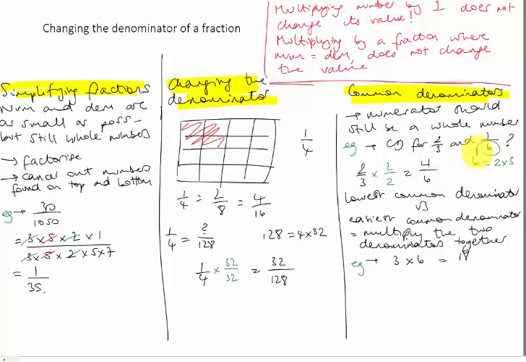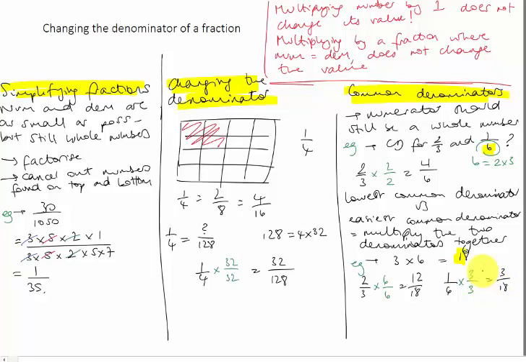So here it's 6 and here it's 18. And so what would you do? You do 2/3 times 6 over 6, which gives us 12 over 18, or you'd have 1/6 times 3 over 3, which gives us 3 over 18.